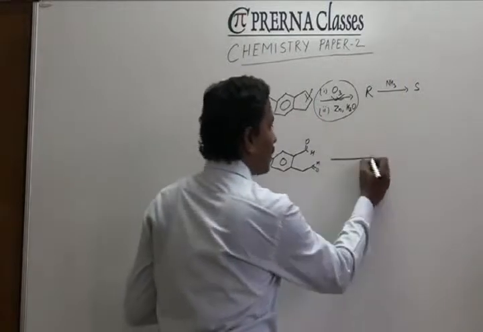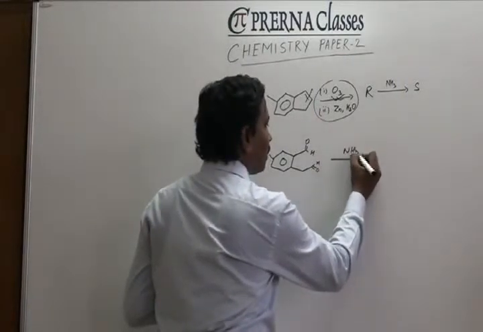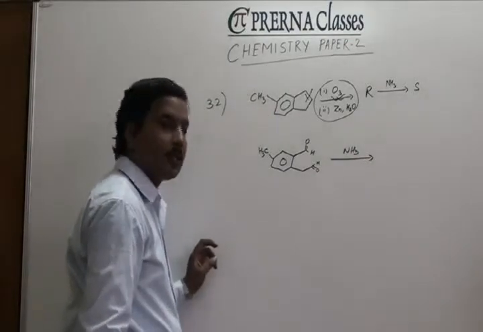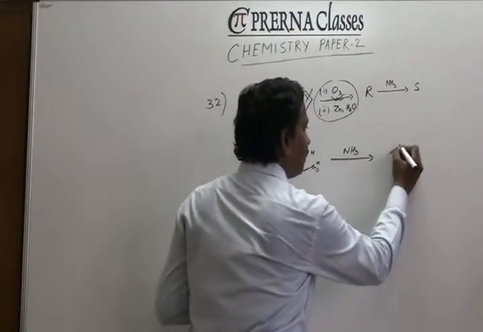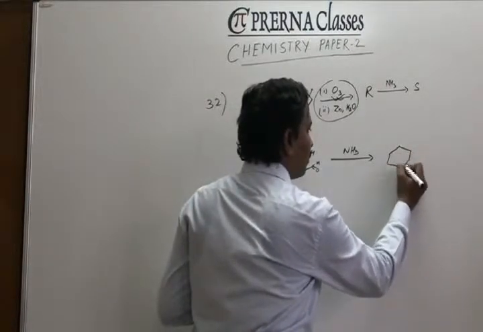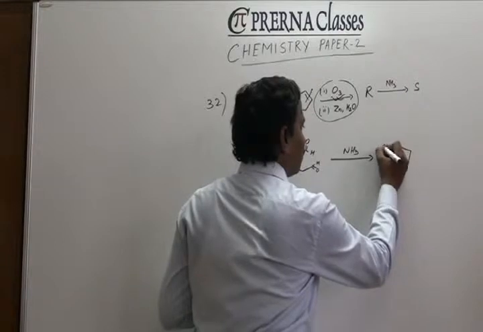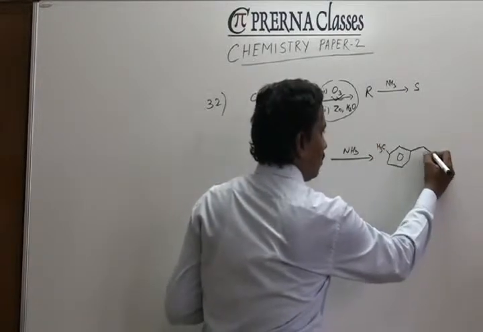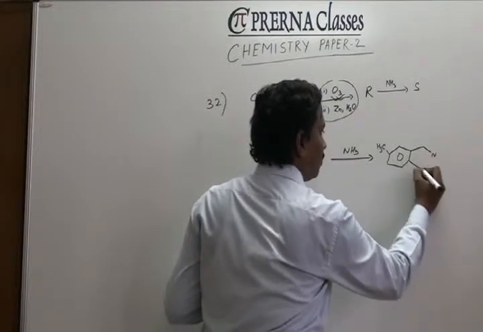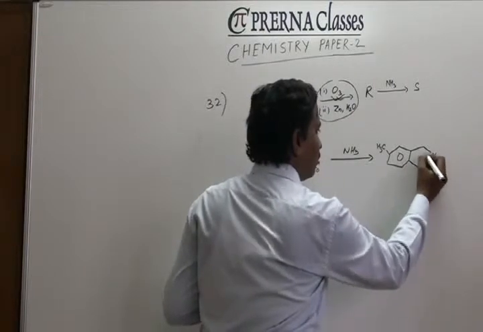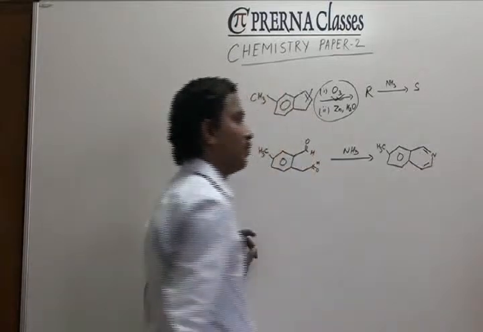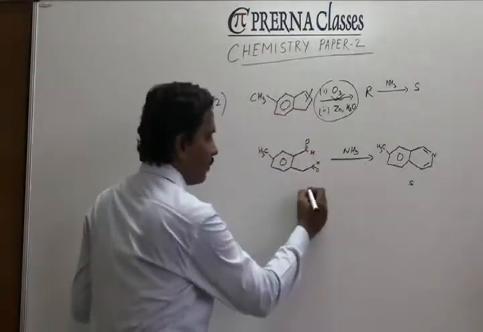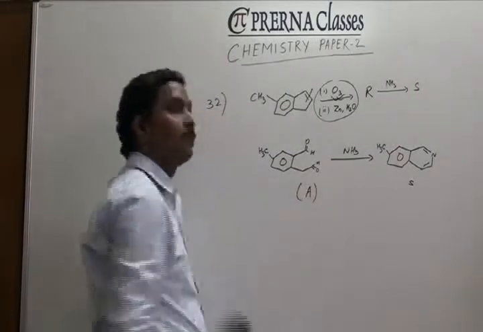Now followed by NH3, reductive amination will take place and it is converted into this compound. The structure of S will be this and it will satisfy option A.